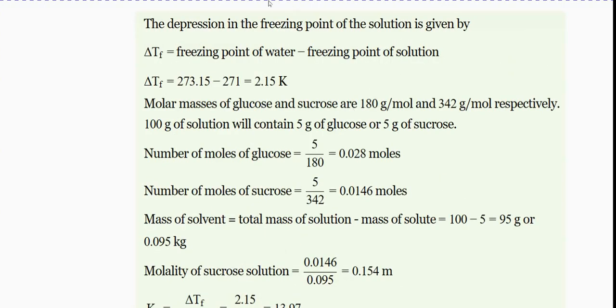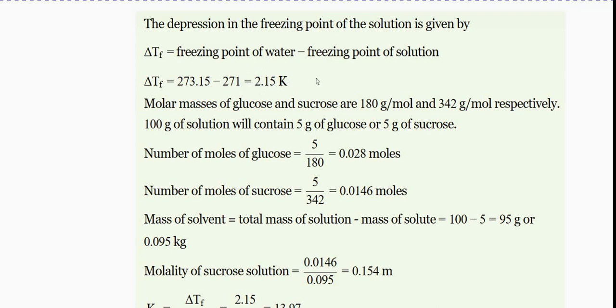The depression of freezing point is del Tf, that is the freezing point of water minus the freezing point of solution. Here, they had given the freezing point of the sugar solution. So the del Tf for sugar solution is 273.15 minus 271, that is equal to 2.15. That is the del Tf for a sugar solution, right?